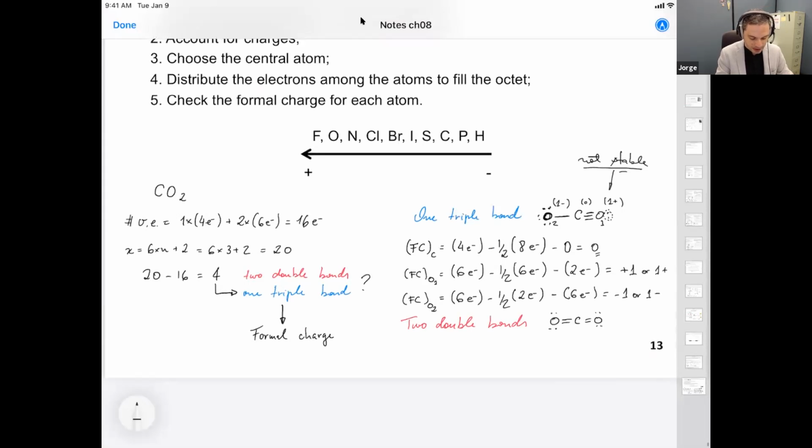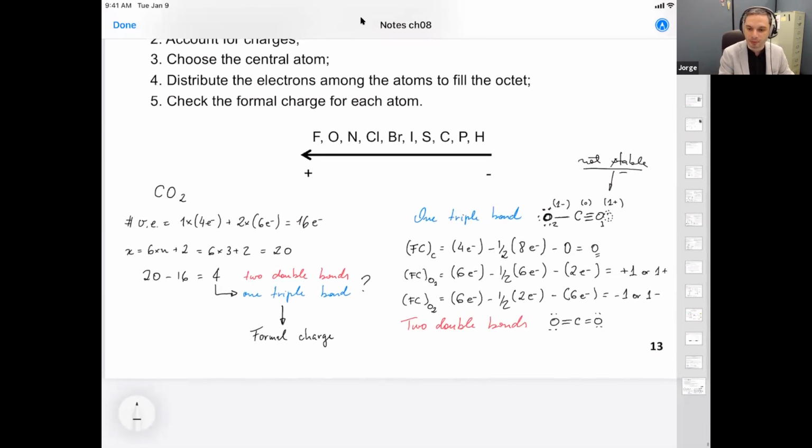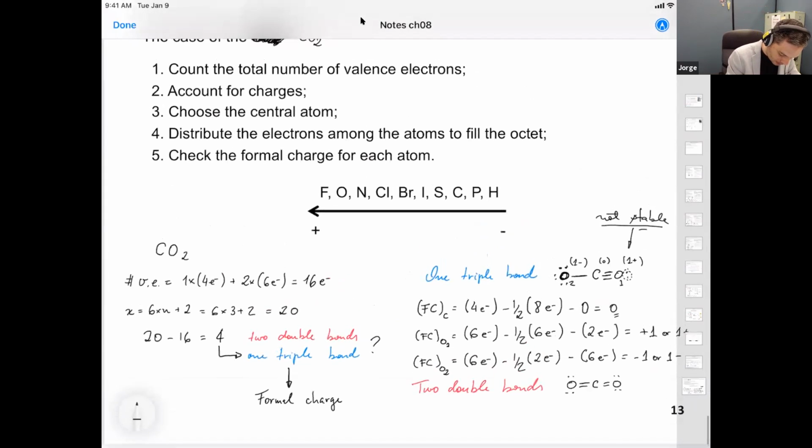Okay, so see now that the 2 carbon-oxygen bonds are equivalent, meaning it's a double bond for both, and both oxygens have 4 non-bonding or lone pair electrons. So now let's calculate again the formal charge for all the atoms involved and see if we get a better situation than the first one. Starting here with carbon.